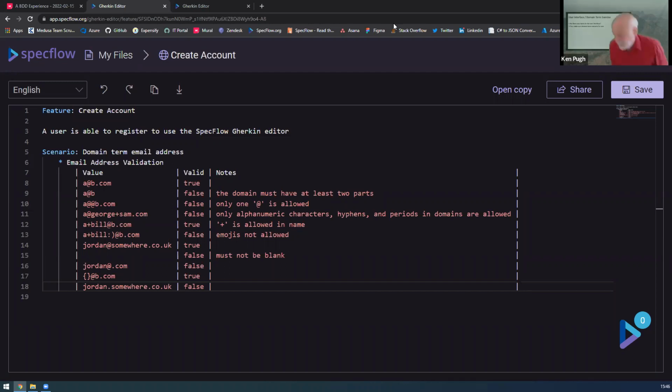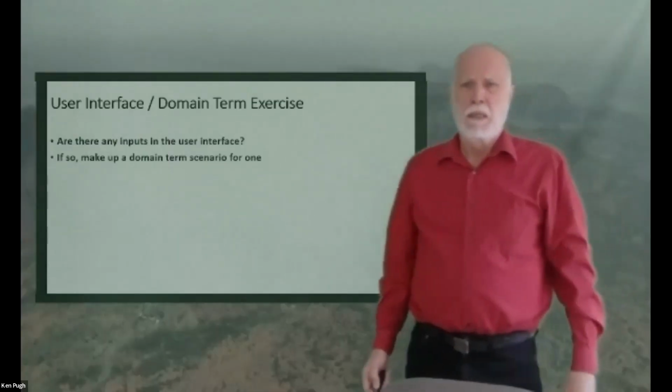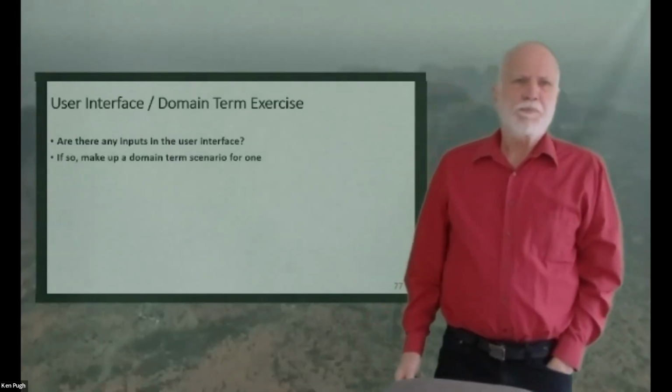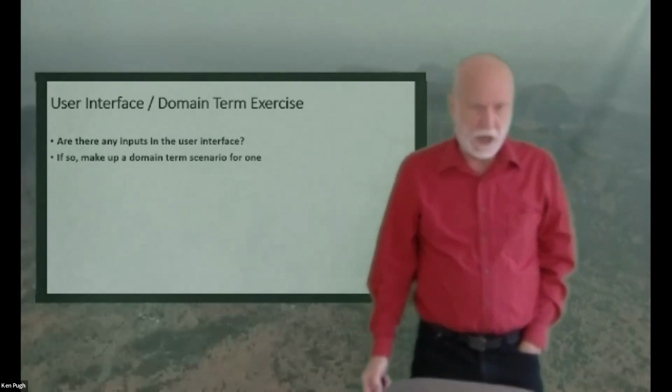Each one of those should have a scenario that has a domain term associated with it. If you run all of that, you don't have to test that through a flow scenario. No reason to do that. So there's our domain terms.